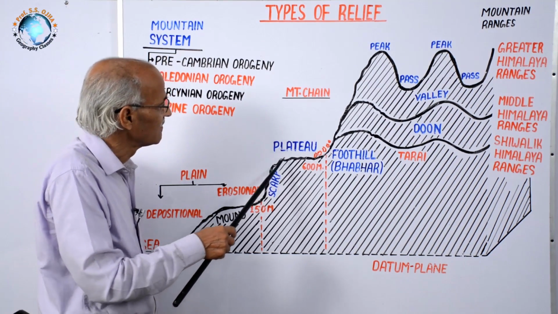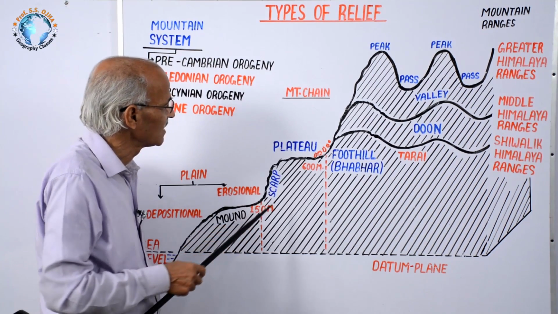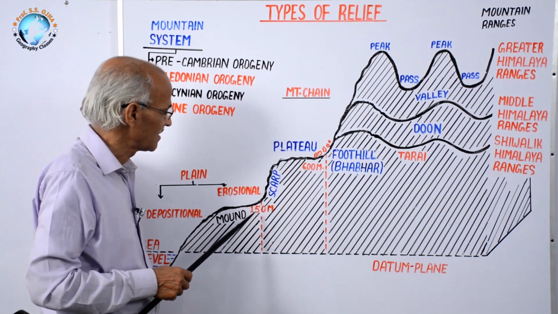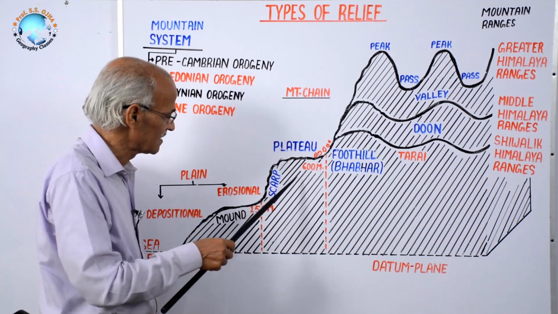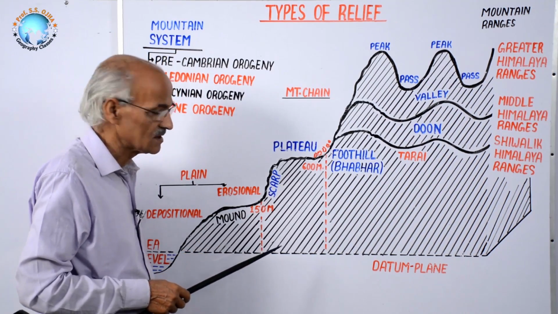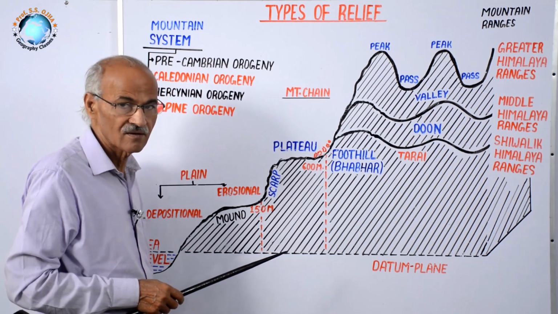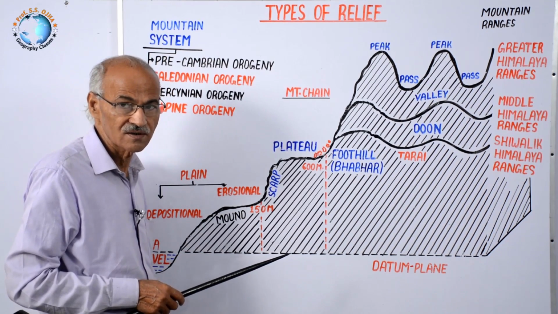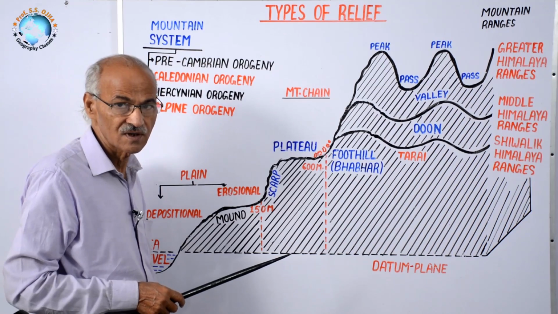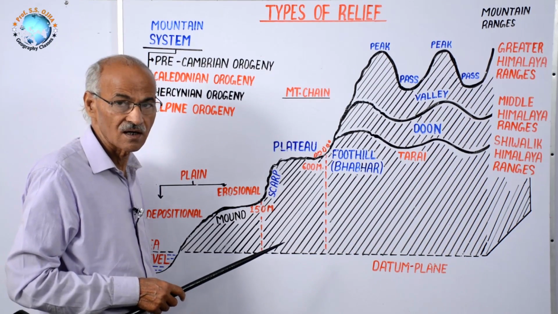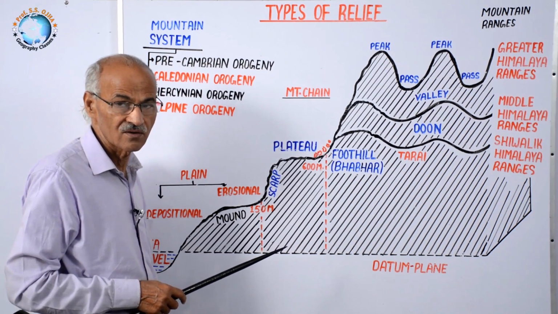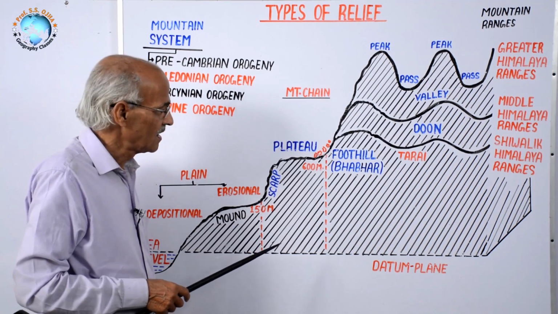And here the plateau land is not made up of alluvial deposit. Rather, plateaus are part of Pangea. Pangea was broken into two parts by endogenic forces: the northern part Angara land and the southern part Gondwana land.